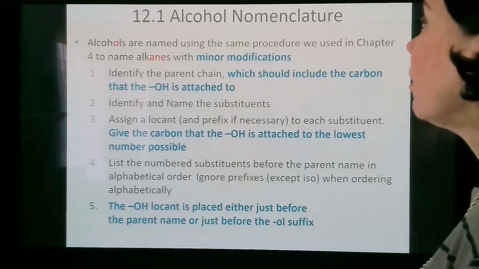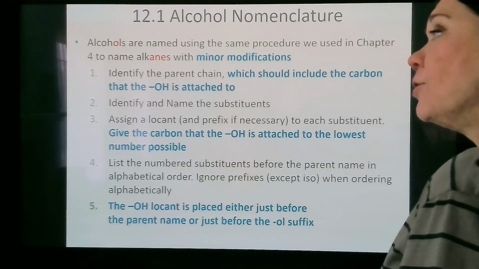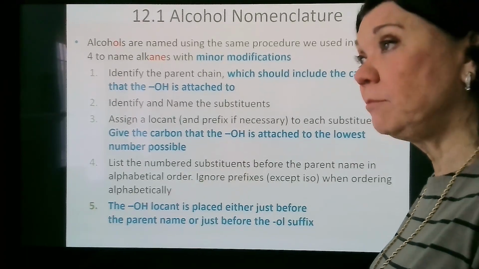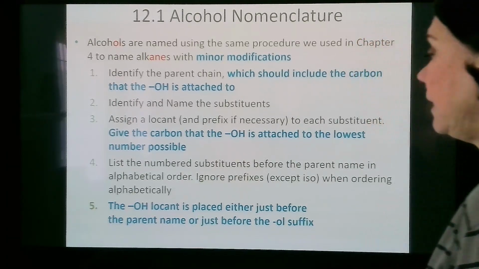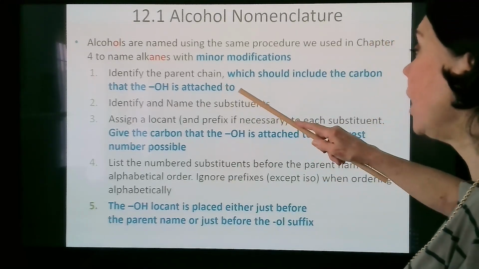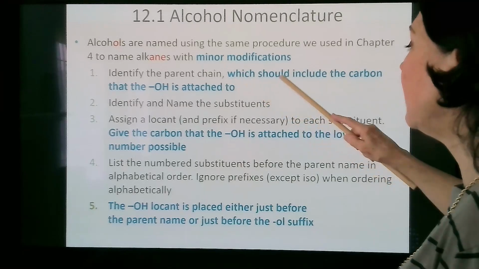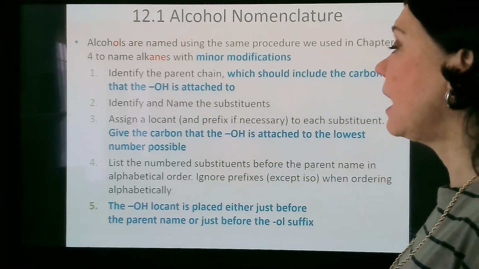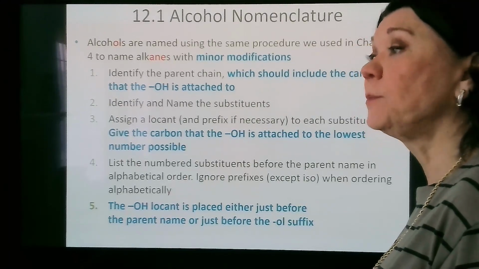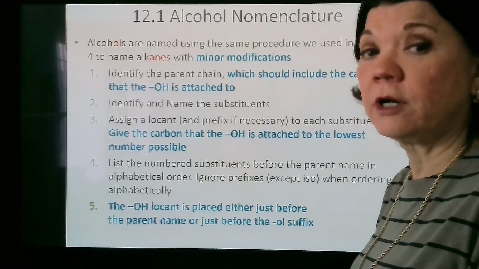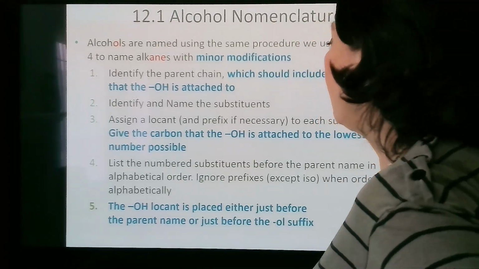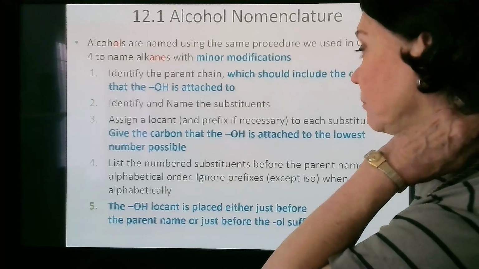Now let's look at the alcohol nomenclature. They're named using the same procedures that you've seen before. So most of this is going to be familiar to you. First, identify the parent chain. As always, here it must include the carbon that the hydroxyl group is attached to, and this is assuming that the hydroxyl group is the highest priority functional group present. So you identify and name the substituents.